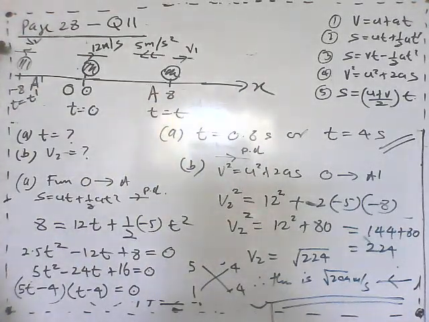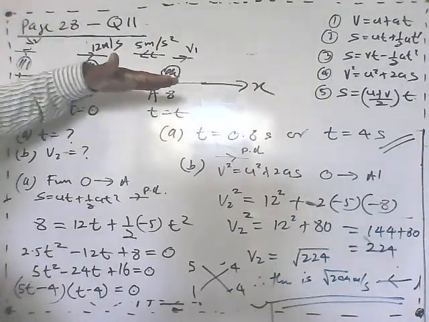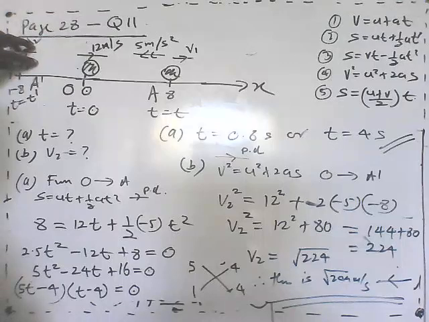Here we have a little confusion, because this is the positive direction and he is going backward. So if you are talking about the velocity, it is going to be negative. But if you are talking about the speed, it is positive. But then it's a partial answer.